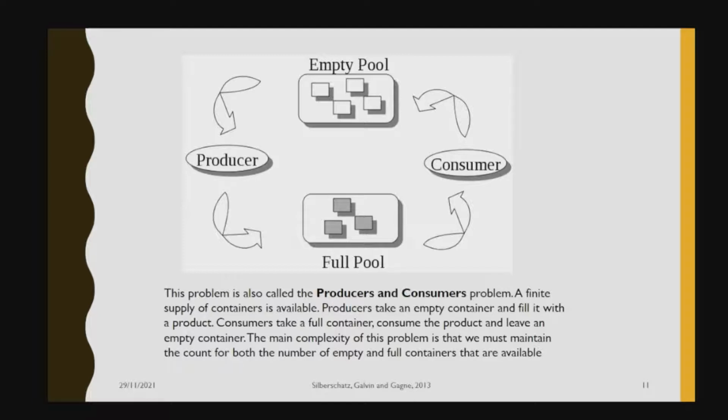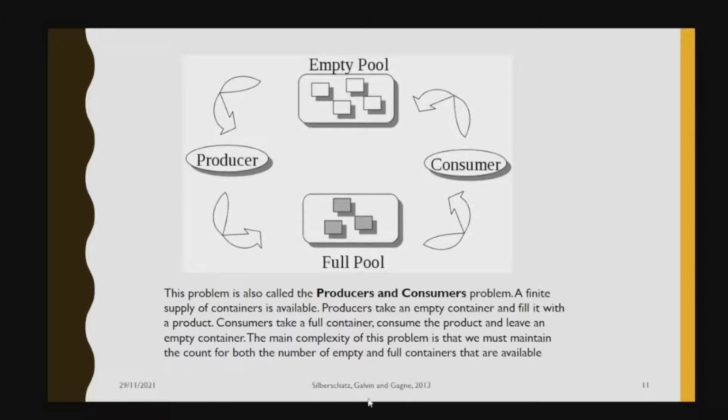So the problem here we call the producer and the consumer's problem. A finite supply of containers is available. So the producer takes an empty container and fills it with a product.